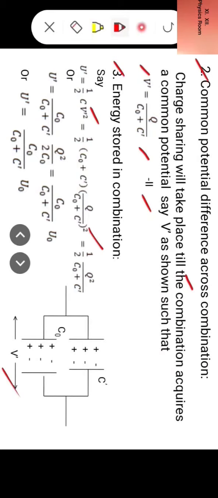And finally, on simplification we get U dash is equal to half Q square by C0 plus C dash, or U dash is equal to C0 divided by C0 plus C dash into Q square by 2 C0, or it is equal to C0 divided by C0 plus C dash into U0, because U0 is equal to half Q square by 2 C0. Finally we get U dash is equal to C0 divided by C0 plus C dash into U0.